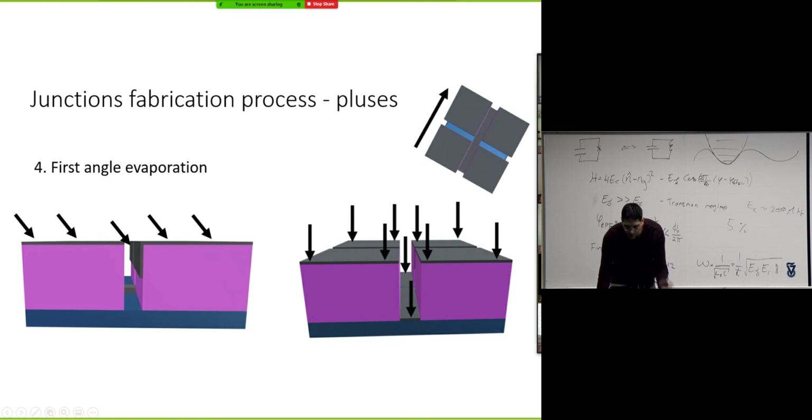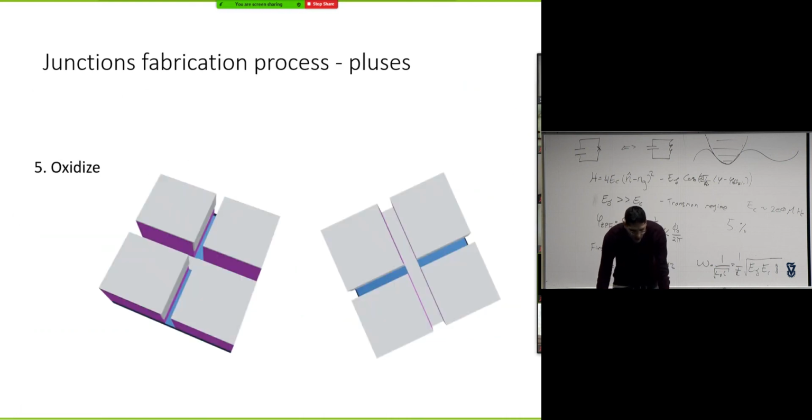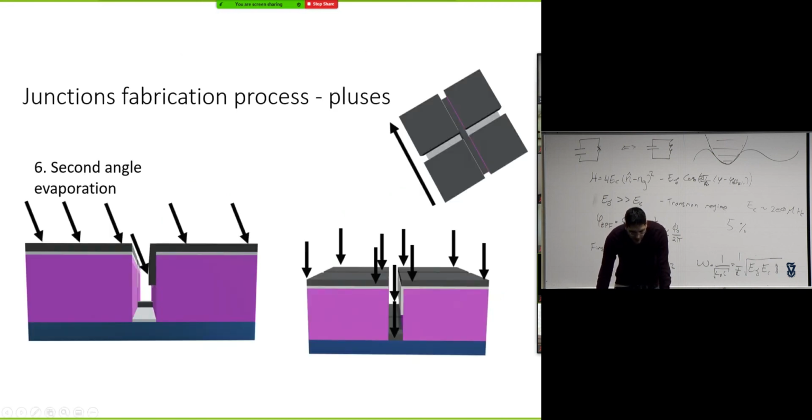Now you put just a tiny bit of oxygen into your vacuum chamber to get the 1 nanometer layer of oxide, and then you turn everything without breaking vacuum or opening. So this is the oxidation, make it white, and now you evaporate from the other angle, 90 degrees to it.